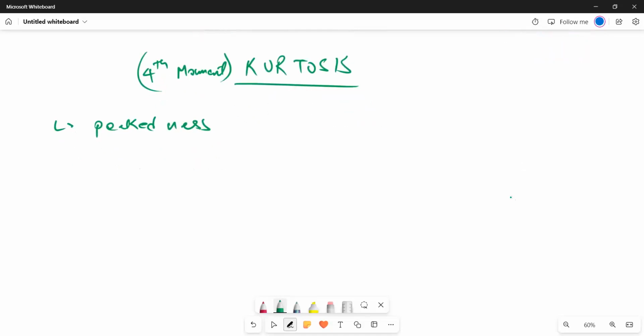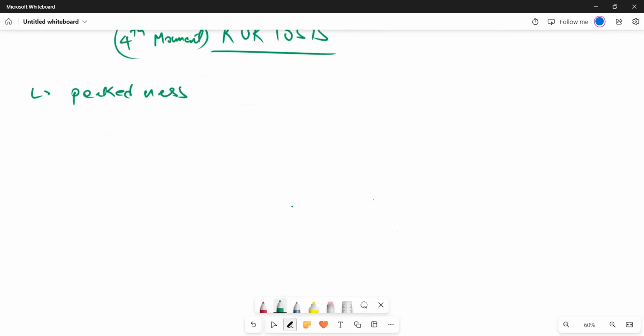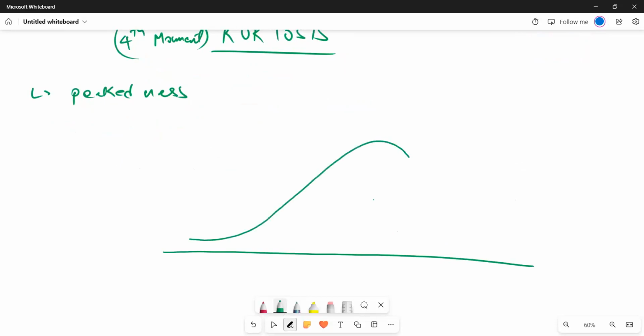So let's say this is the distribution. For example, let's say this is the normal distribution. Now, if the peak of this distribution is a little higher, your data will shrink in, so this will look like this.